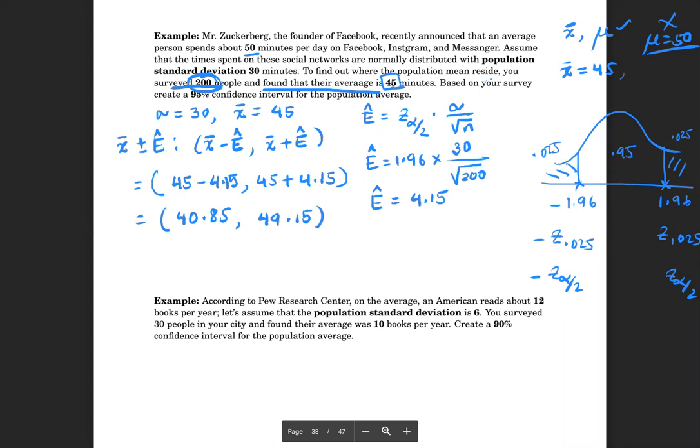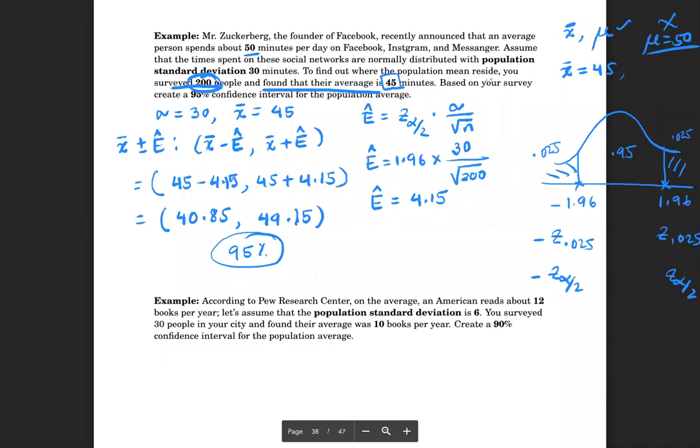So based on your calculation, the confidence interval that you got is telling you that the average number of minutes that an individual spends falls between 40.85 and 49.15 minutes. So that's the confidence interval. And how confident are you in your calculation? 95% confidence. So what's going to happen is this.